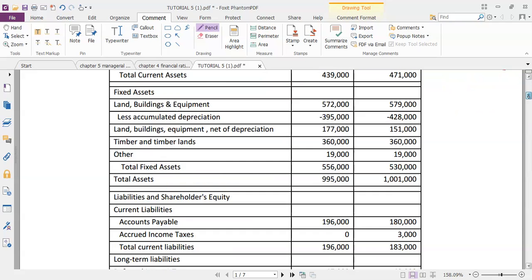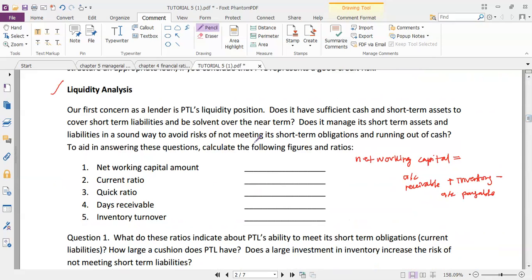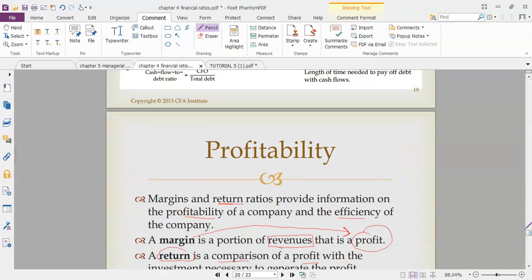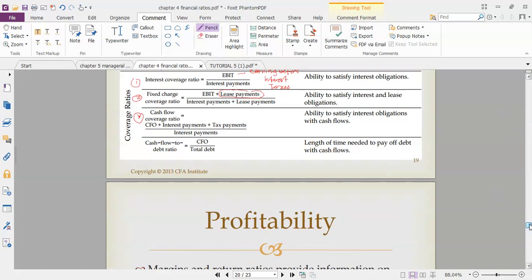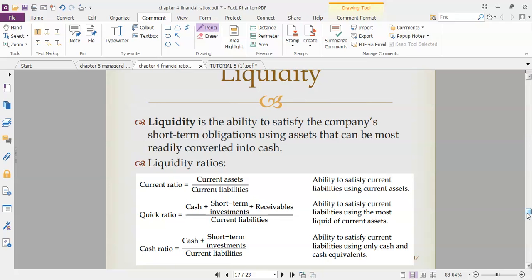Okay. So how to calculate the current ratio? Let's look at the formula here. Liquidity: current ratio is equal to current asset divided by current liabilities.